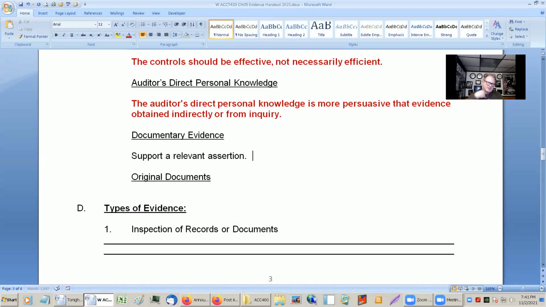Now, documentary evidence, you've got to be a little bit careful on this when you're collecting evidence, in that you always make copies of the original documents, but you never accept copies of the documents.